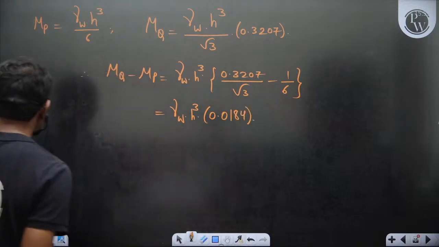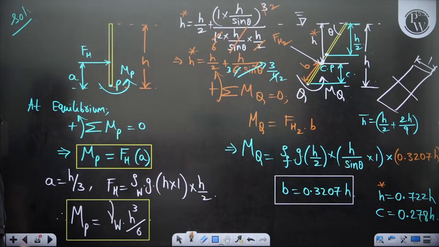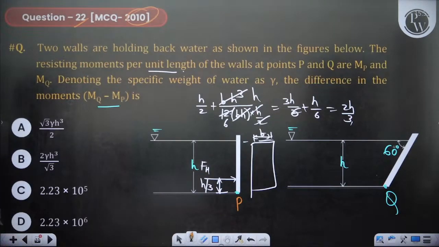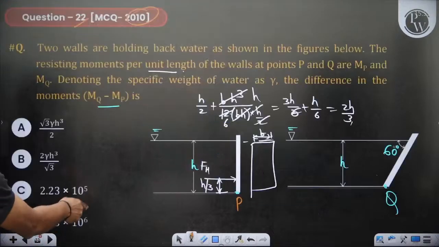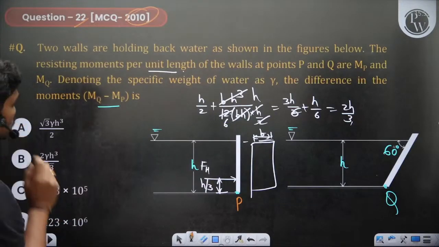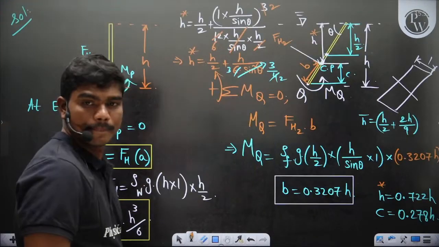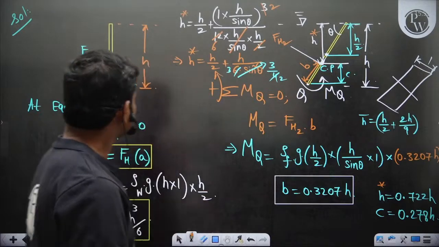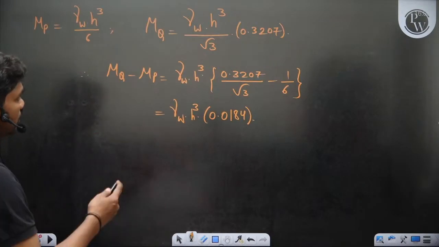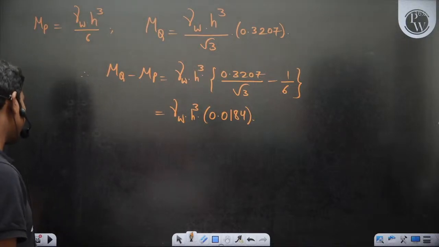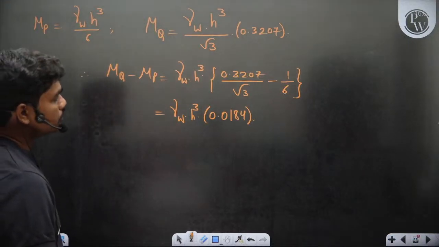So let's see in the options which gives you the option of 0.0184. I think these options are not this question's options. They have just copy pasted these two options here. Can we quickly get this 2010 paper if you have? Because I think here 0.0184 is what you get, so 184 by 10,000 almost.